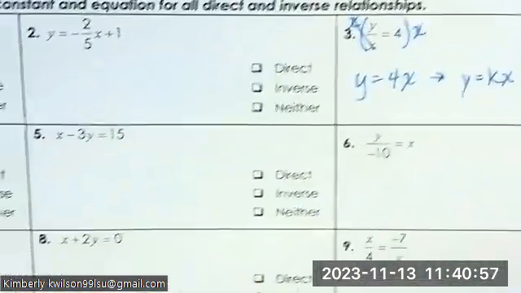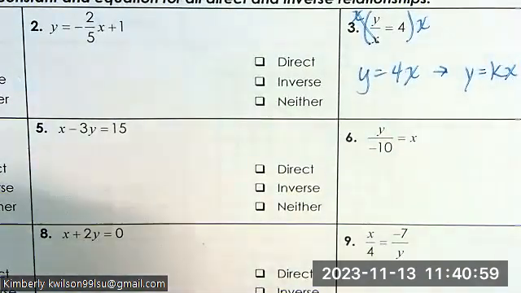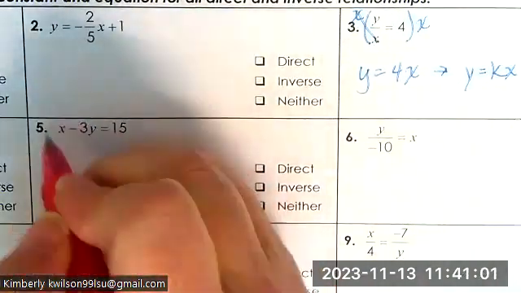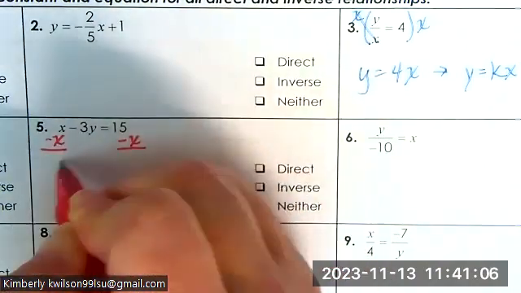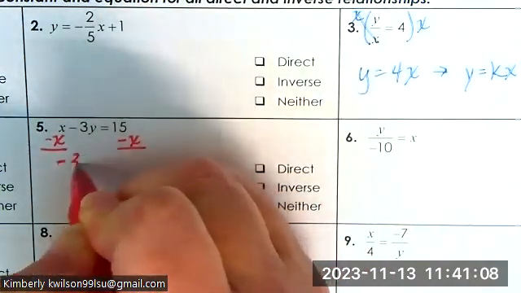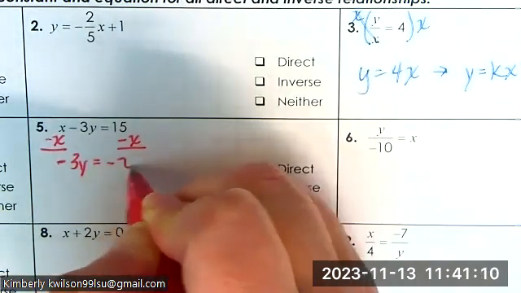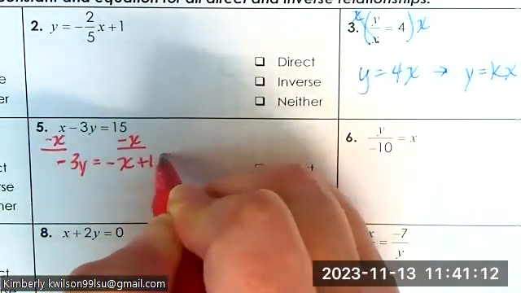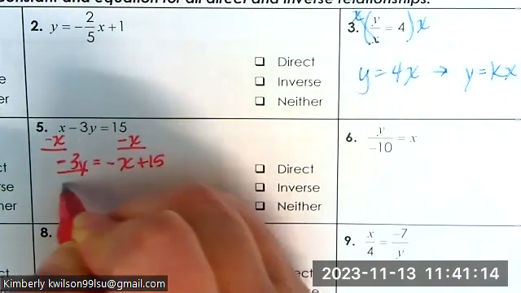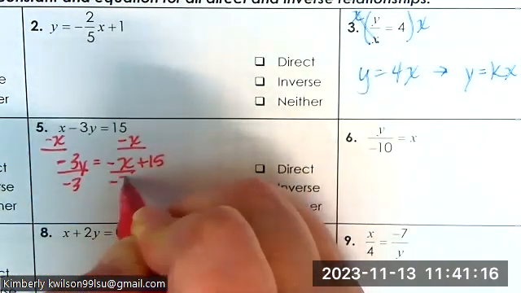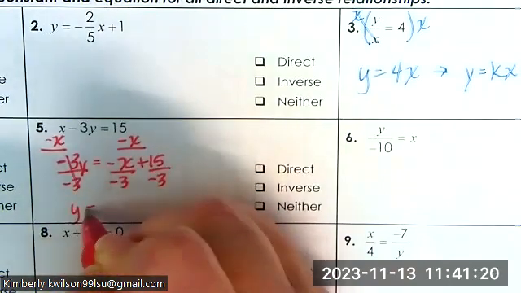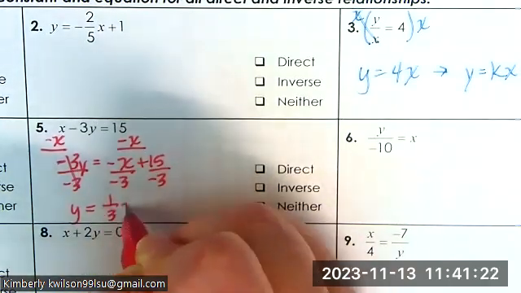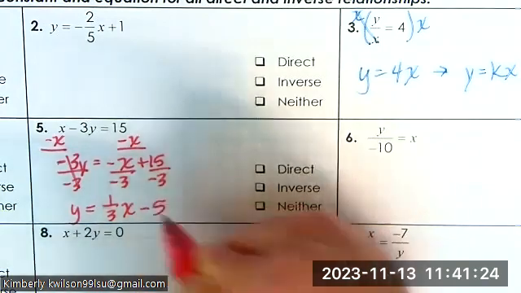Looking at number 5. Again, we have to solve for y. So I'm going to move the x first by subtracting x from both sides. We end up with negative 3y equals negative x plus 15. Divide by negative 3 to everything, and we end up with y equals 1/3 x minus 5.